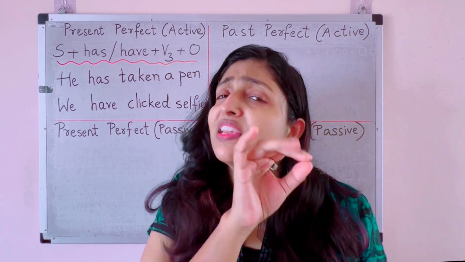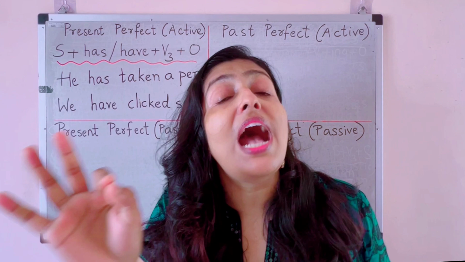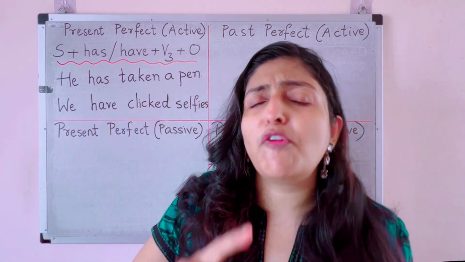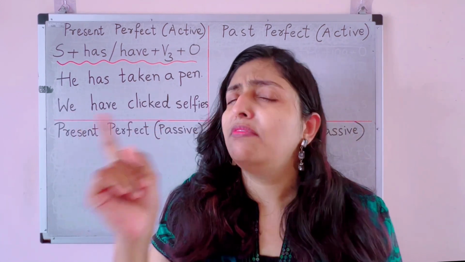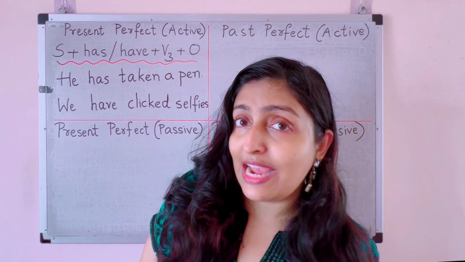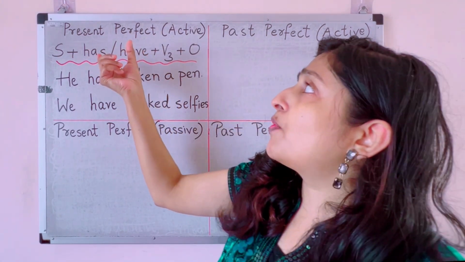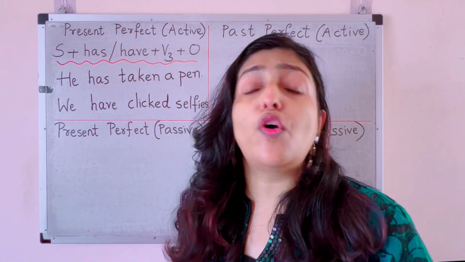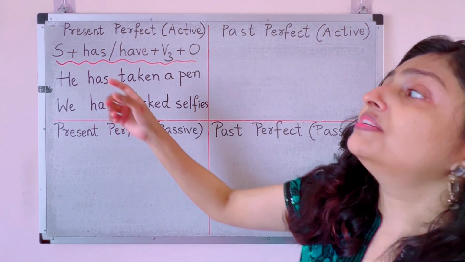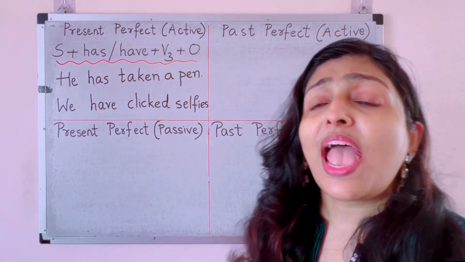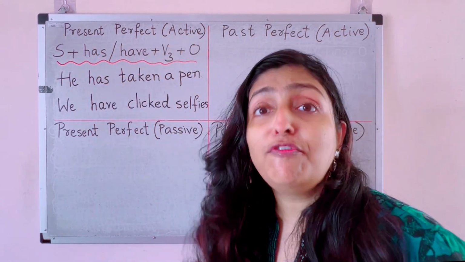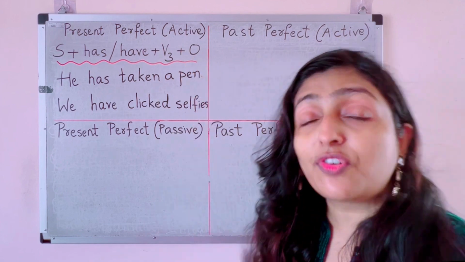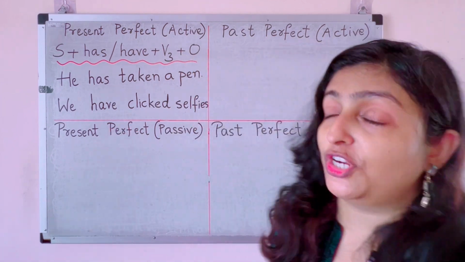If the tense is continuous, there will be ing. If it is perfect, then there will be either has or have or had. Okay, so present perfect tense in active voice, the formula is subject plus has or have plus V3 plus object.